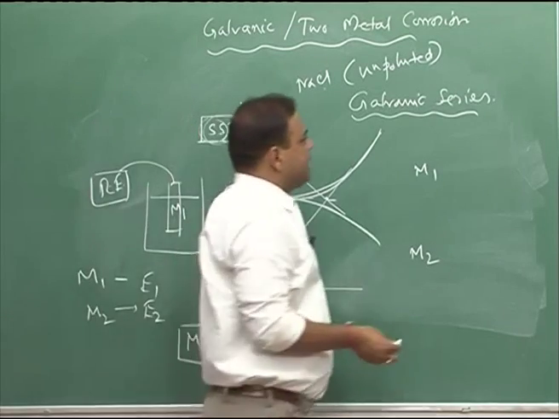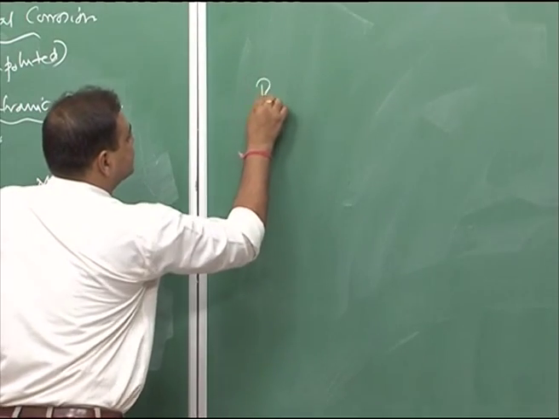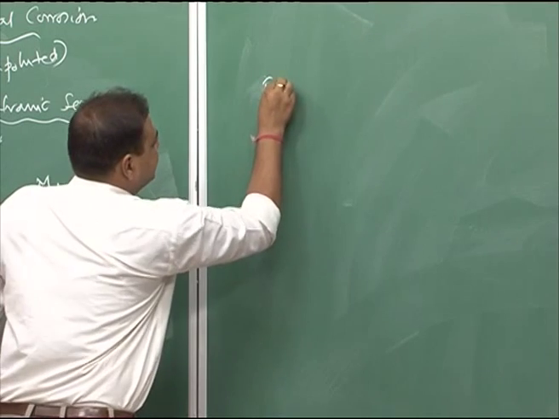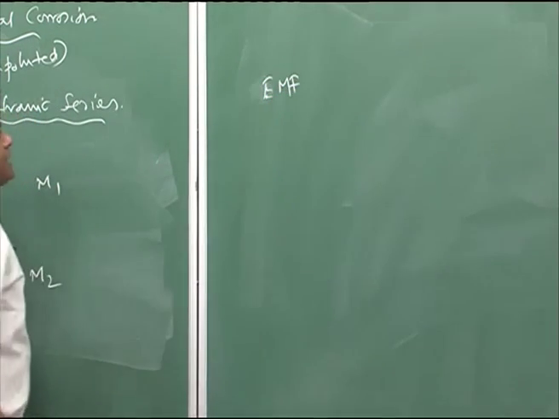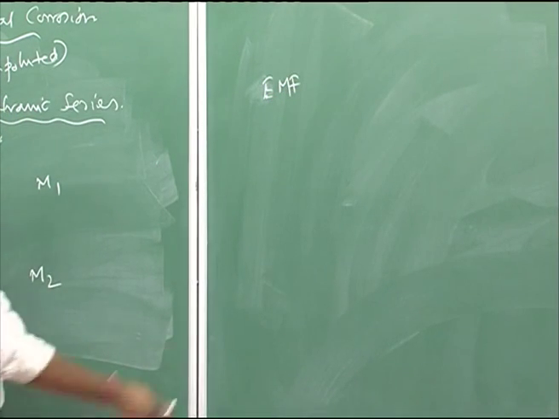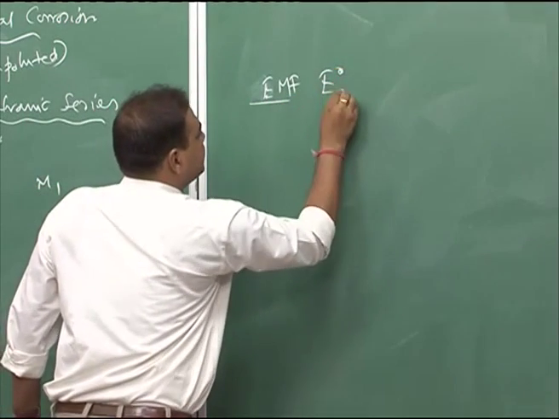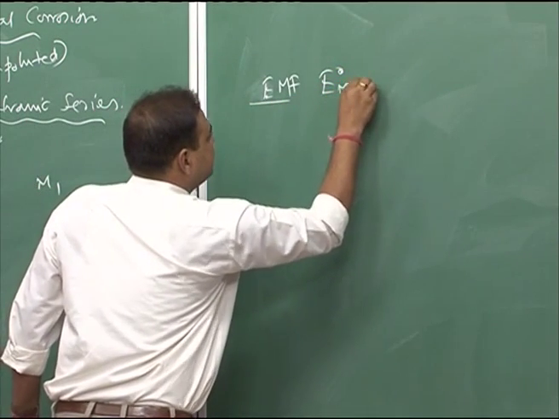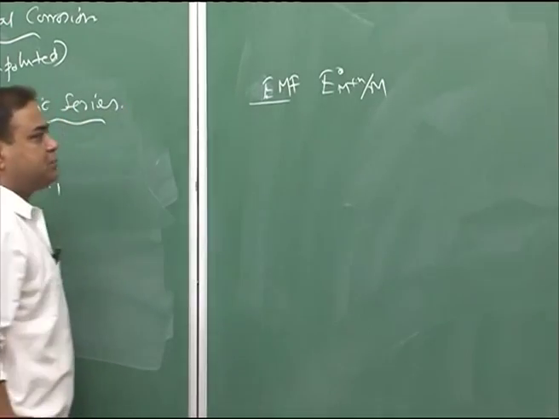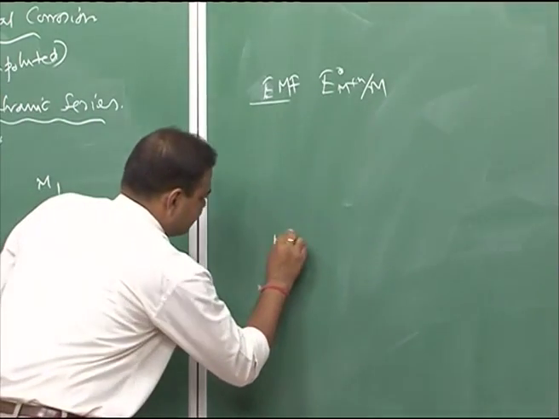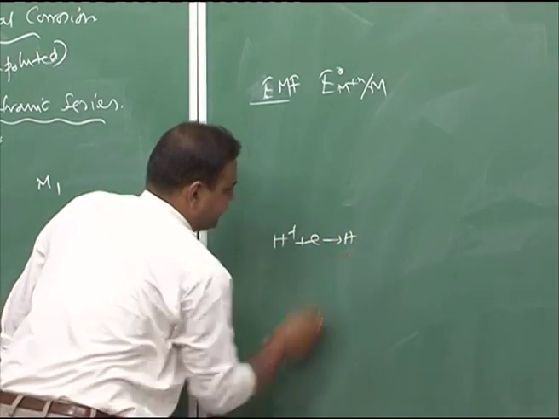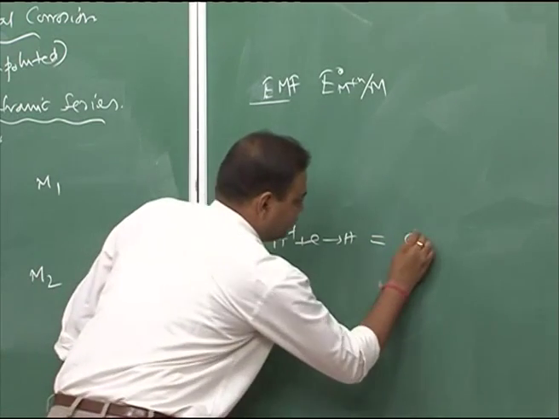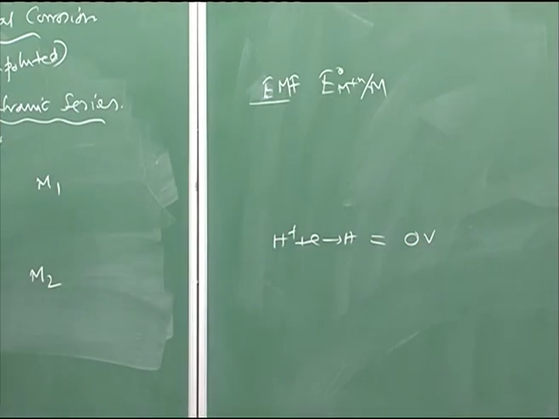Let us say we have the reduction EMF series, or electromotive force series. If we consider M plus n electrons going to M, the reduction potential, then you will see that hydrogen has potential 0 volt with respect to the hydrogen reference electrode.